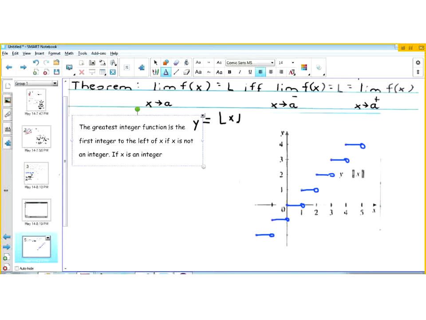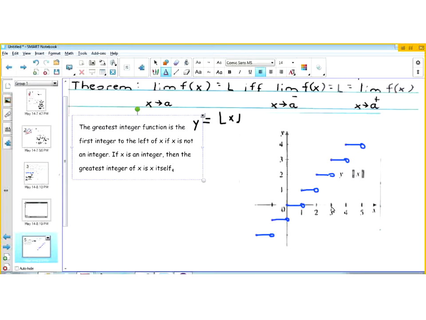If x is an integer, then the greatest integer of x is x itself.